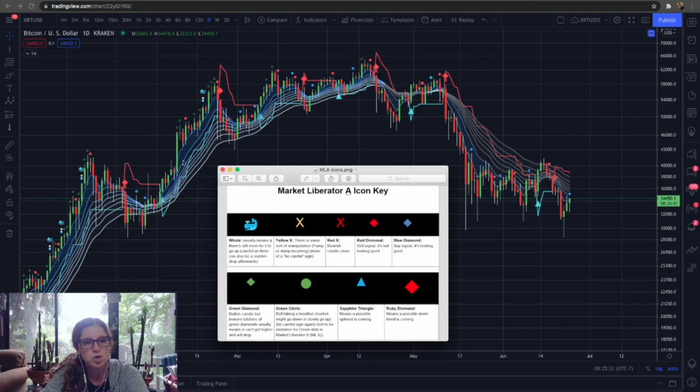But once you join the Discord, they will take you more in depth into this. So the first symbol is a little whale, and it usually means that there's still room for it to go up, but be careful because there could be a sudden drop afterwards. As you can see right here, we had a little whale, and sure enough, there was a sudden drop after it.